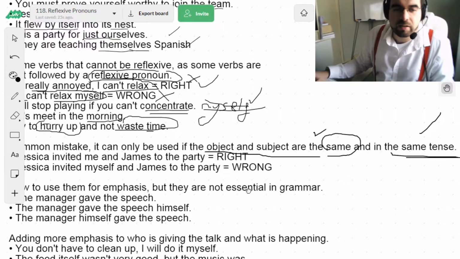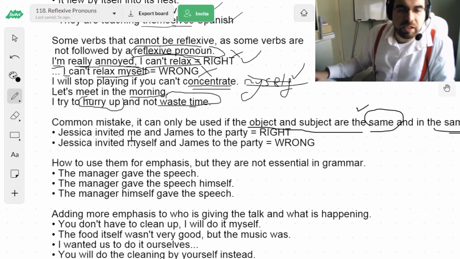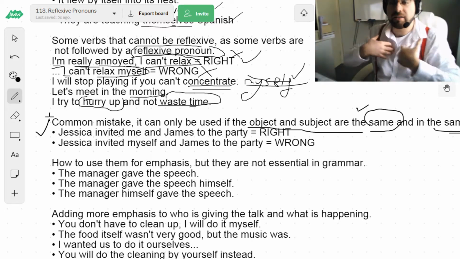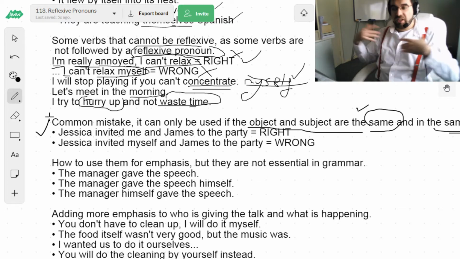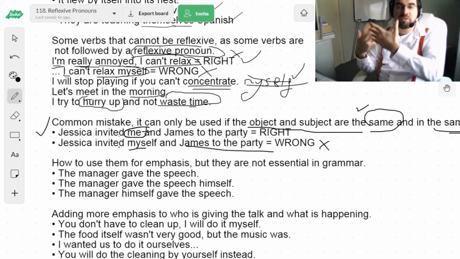So look. Jessica invited me and James to the party. Correct. Jessica invited myself and James to the party. Wrong. It's me. Jessica invited me and James to the party.